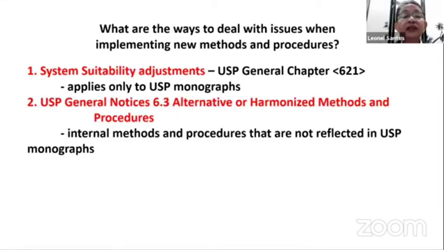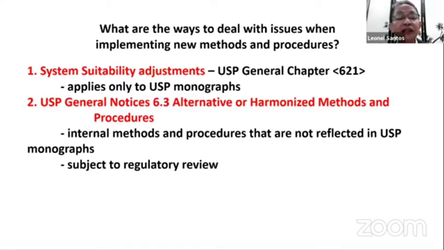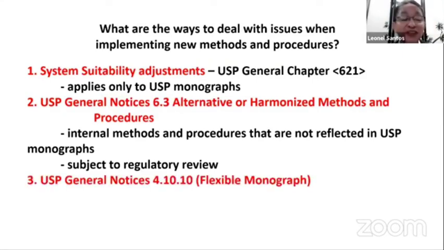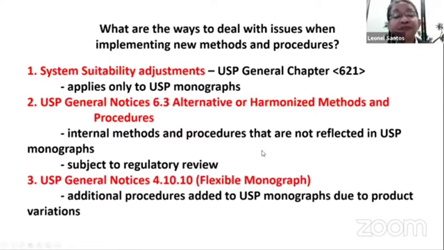And then the ways to deal with issues in terms of implementing can be using the system suitability, using developing the alternative or harmonized method and procedure, which is what I'm going to discuss in this presentation. And then the third one would be what is called the flexible monograph.